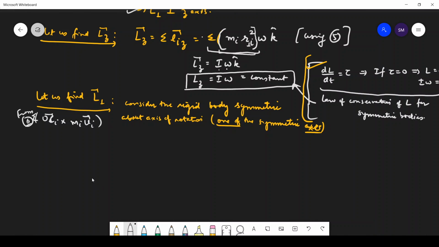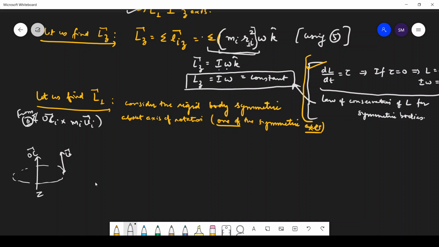So you know that your OC was here along the z-axis, and the direction of V was tangential to this. So this was your V and this is your OC, right? Remember direction? So that's along z-axis.